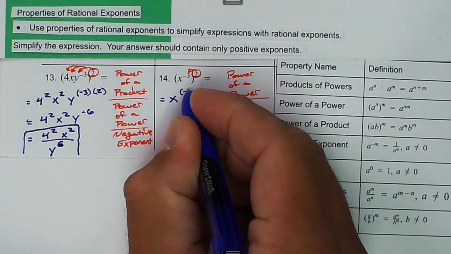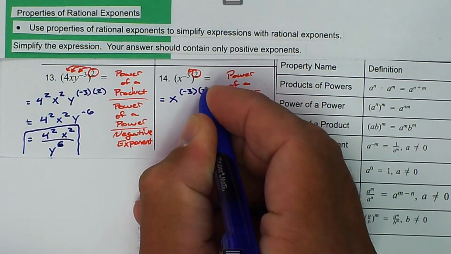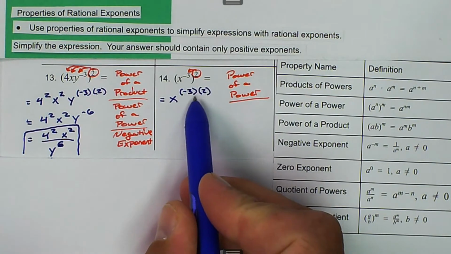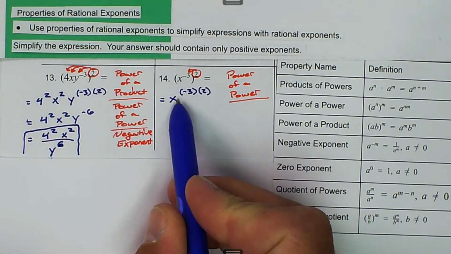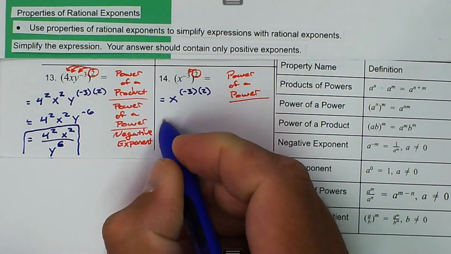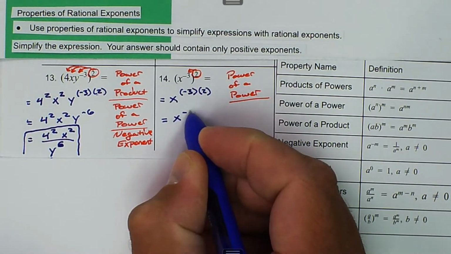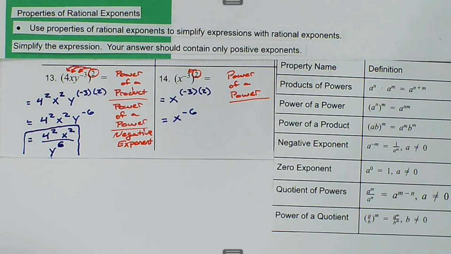So x to the negative third, and then multiplied by the 2. So we're going to multiply these together, and then we get x to the negative 6th.